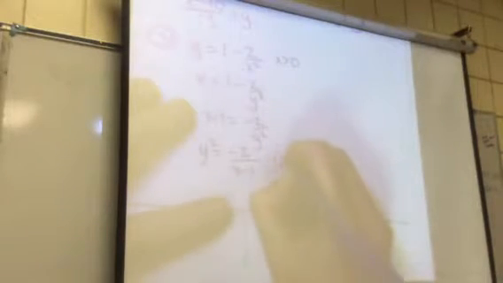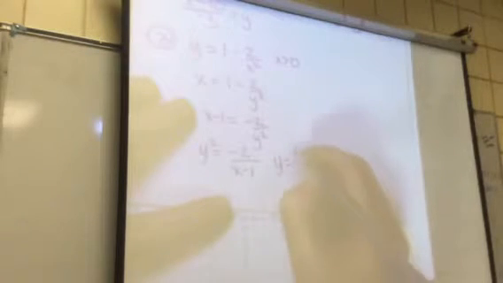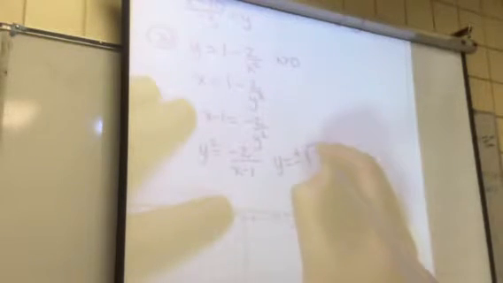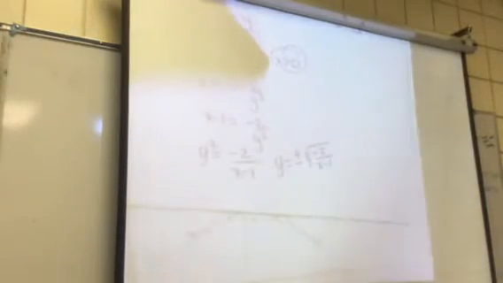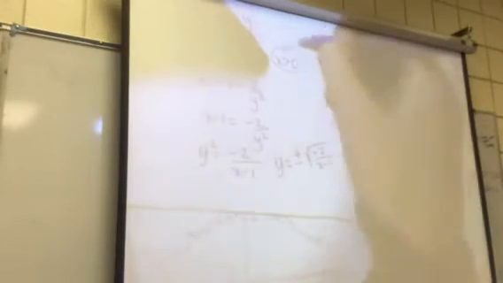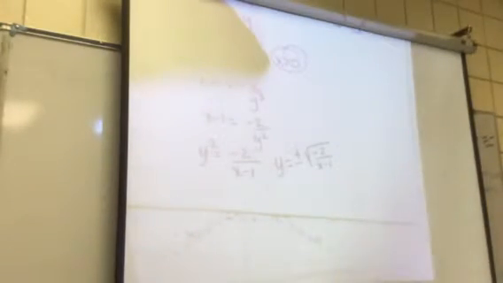And when we do take the square root, what symbol should I be sure to include? Positive and negative. Square root of -2 over x minus 1. Now you've got to decide which one of these functions is really the right inverse. Do you remember what happens to the domain of your original function? What does that become for your inverse function?